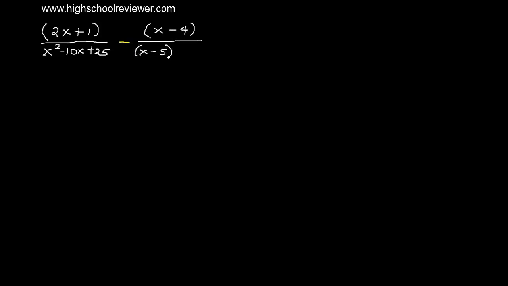Here is another example. We have the quantity of 2x plus 1 all over x squared minus 10x plus 25, minus the quantity of x minus 4 all over the quantity of x minus 5, multiply this by the quantity of x plus 5.